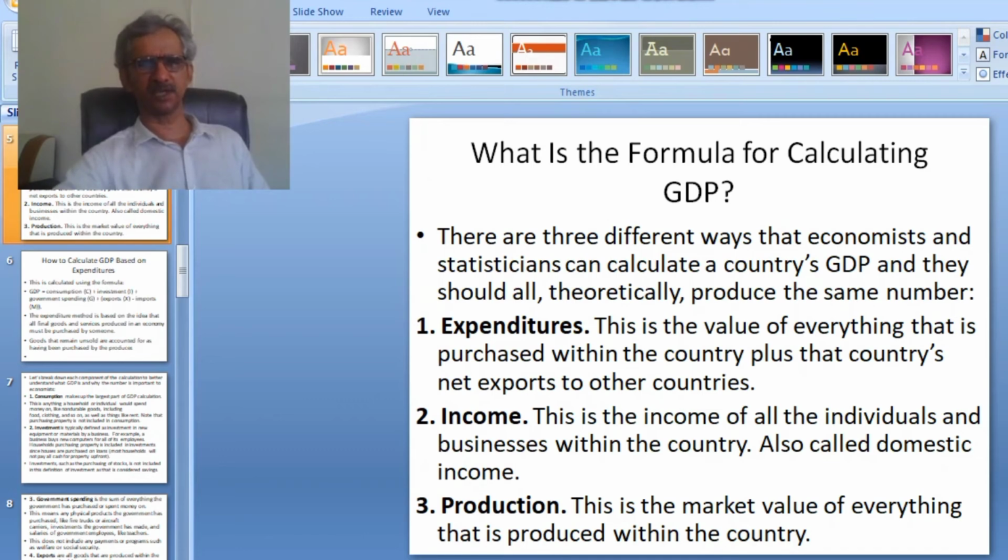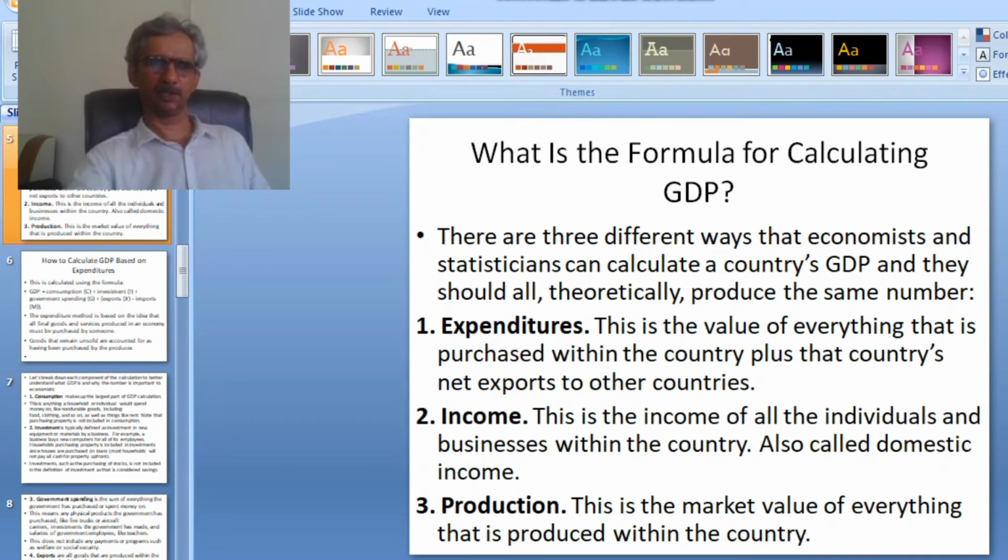Number 1 is the expenditure method. This is the value of everything that is purchased within the country plus the country's net exports to other countries. When we measure the GDP according to the expenditure method, economists measure all the expenditures incurred on the purchase of goods and services in a country, whether these goods are imported or locally produced.